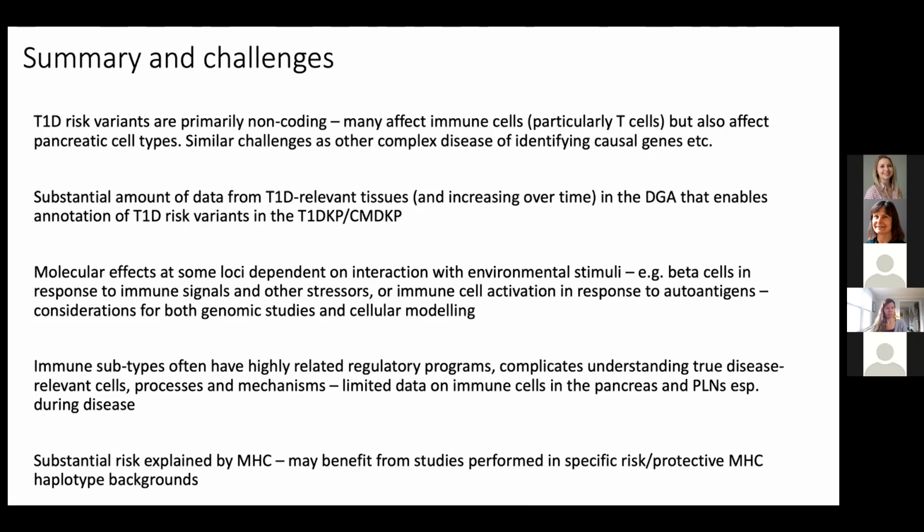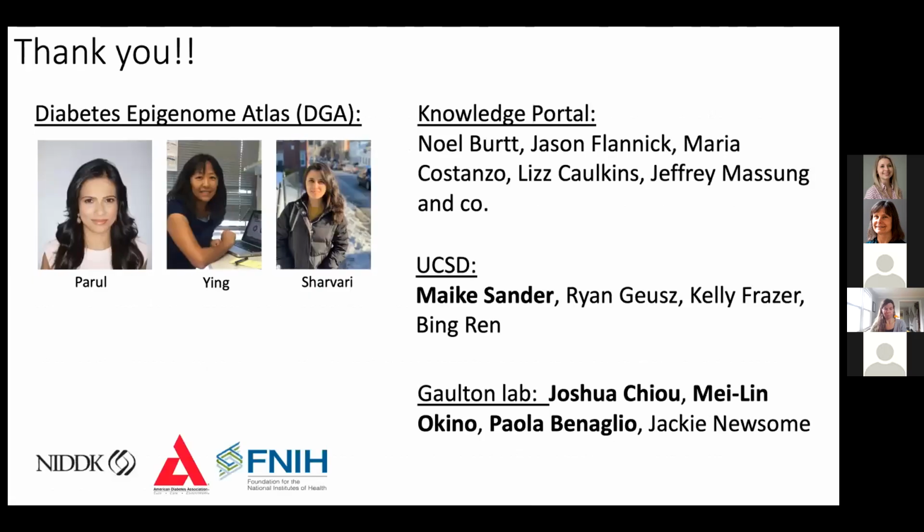And then finally, as Suna mentioned at the beginning, there is substantial risk explained by MHC. Not many complex diseases, if any, have a risk locus with such a profound effect as MHC on type 1 diabetes. These studies likely would benefit from being performed in specific haplotype backgrounds that allow you to capture those really large effects. Okay, thanks.